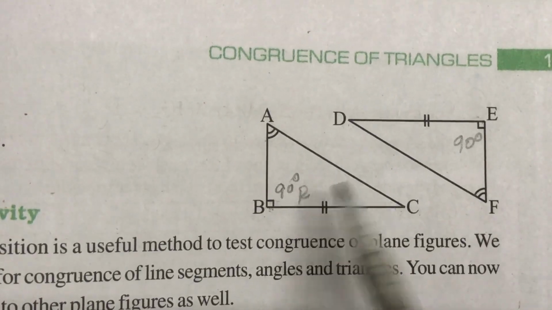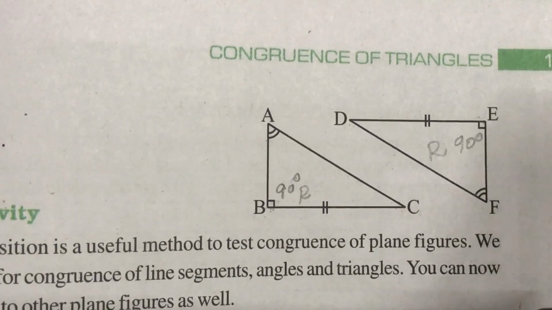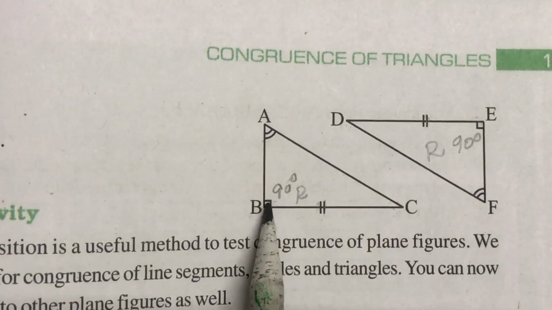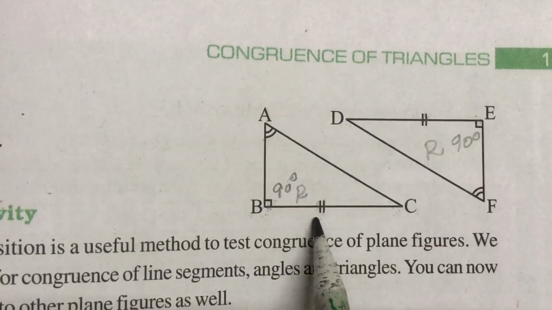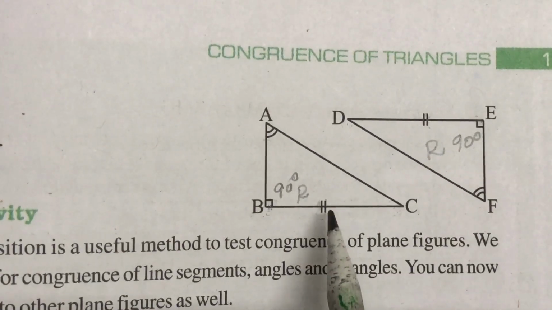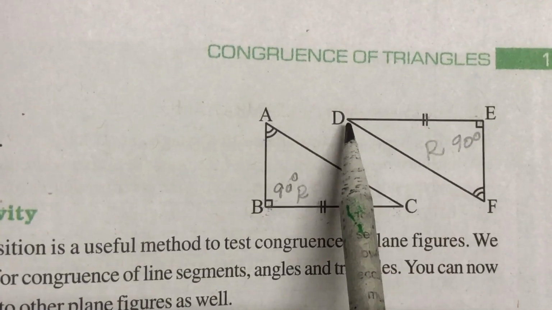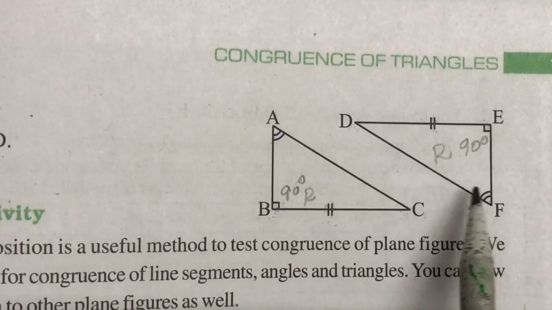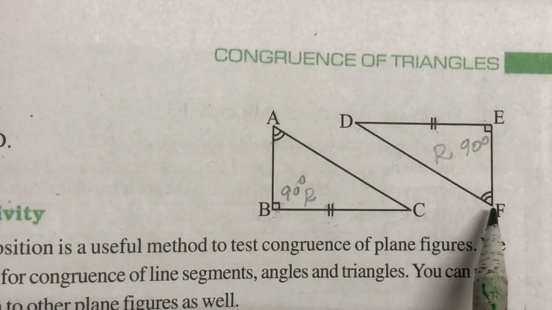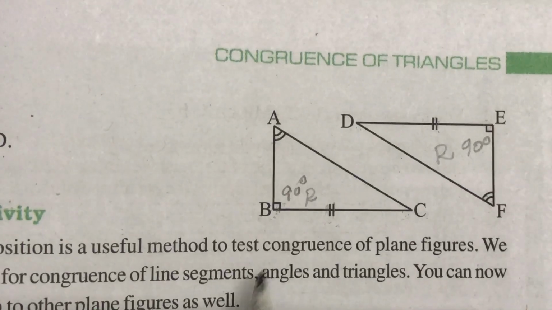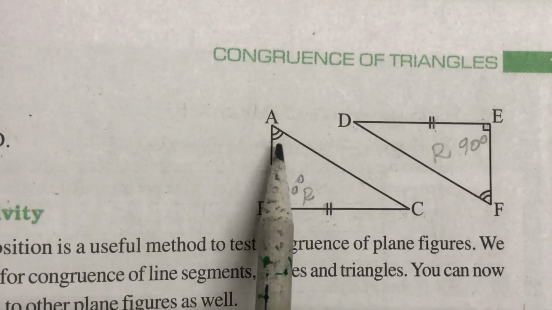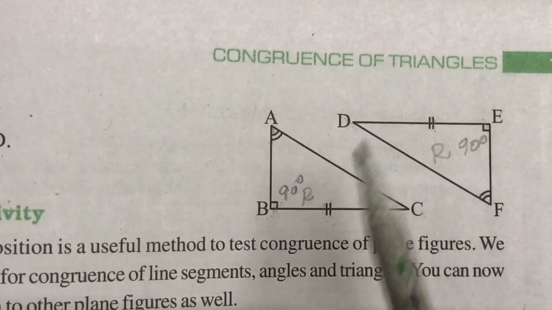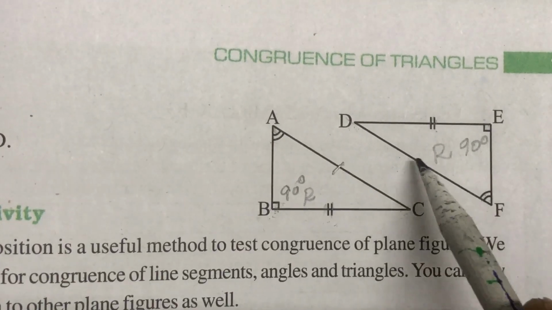Now, I think we can show these are equal in two or three ways. The 90-degree angle is given, and the base lengths are equal. BC is equal to ED. Now, angle A is equal to angle F. This is also equal. If all are equal, the hypotenuse must be equal too.